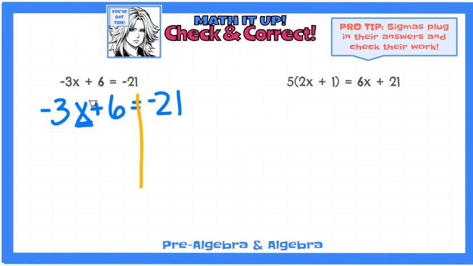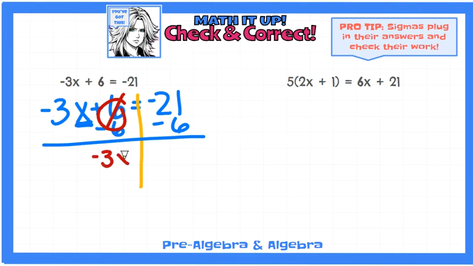And what I need to do is make this positive 6 go away. I'm going to do that with the same number, opposite operation, both sides, turning this into a 0. Positive 6 and negative 6 turns into a 0. Negative 3x plus 0 is just negative 3x. And on this side I have a negative 27.